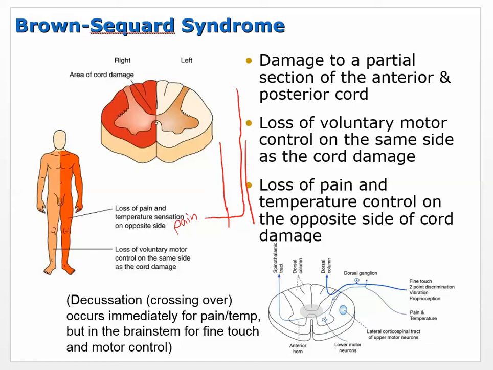Meanwhile, touch, so that's light touch, is carried in a different tract. It doesn't cross over until it gets up in the spinal cord, or I'm sorry, into the brainstem. Sorry for the spinal cord also being red, I didn't think about it.